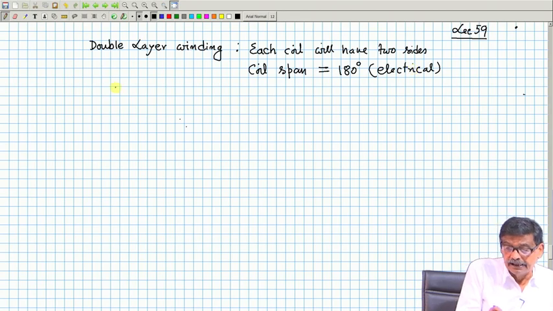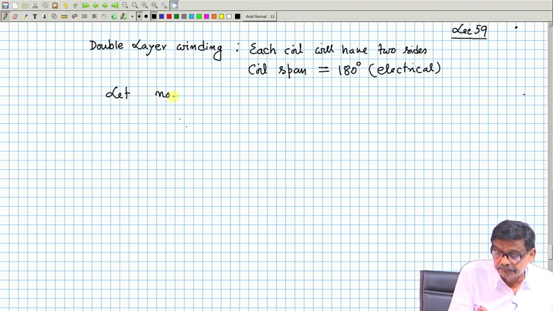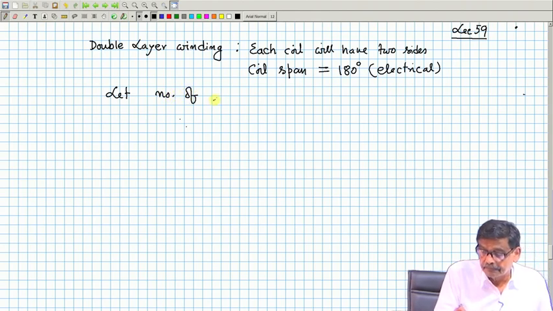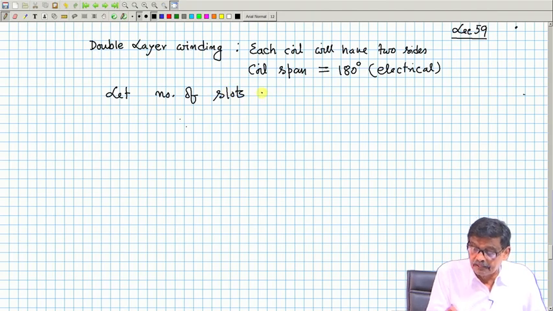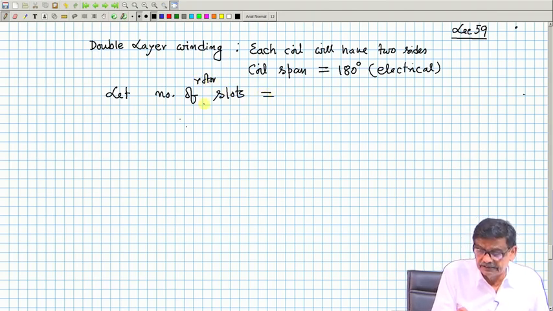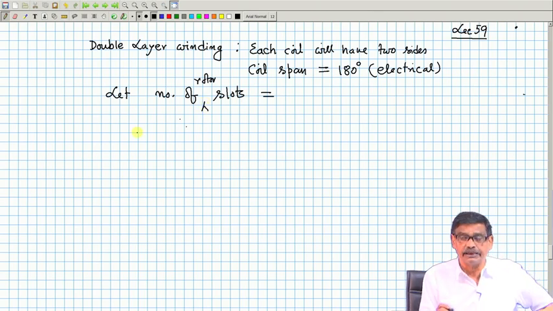Suppose let the number of rotor slots, that is, we are talking about armature winding.